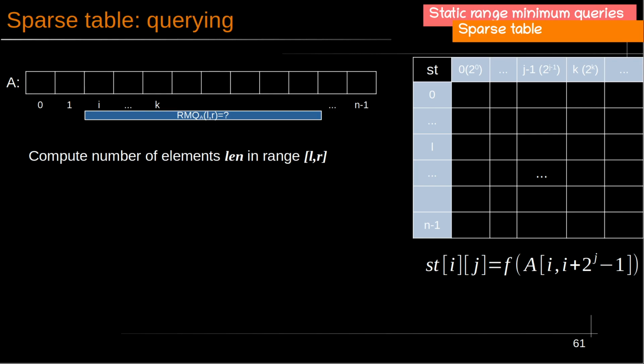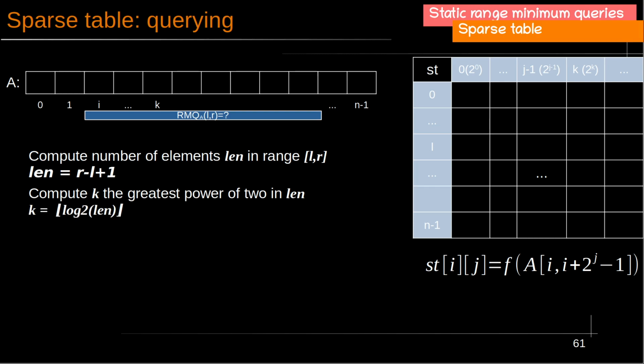So first we compute the number of elements in that range. Let's call it len, which is right minus left plus 1, r minus l plus 1. And compute k, which is the greatest power of 2 in len, as we have seen in the first or second slide, which is the floor of log base 2 of the length of that range.